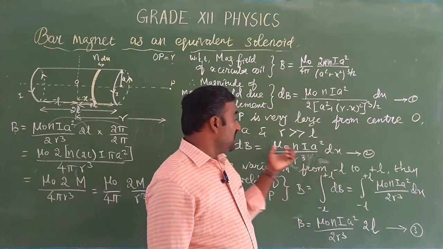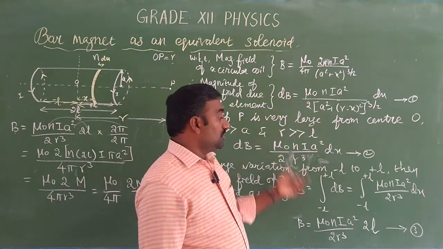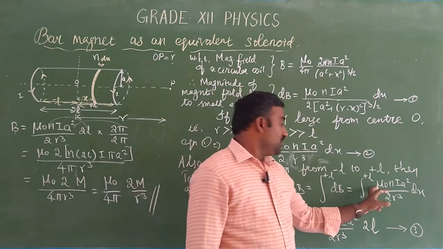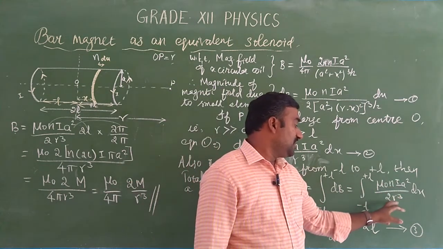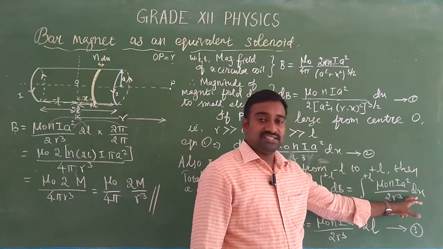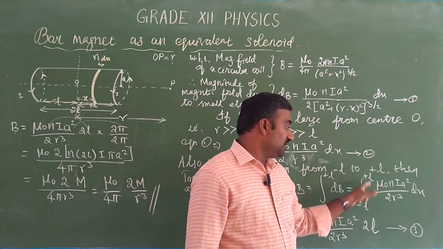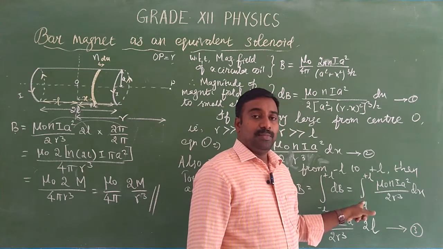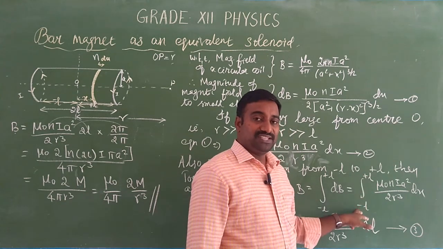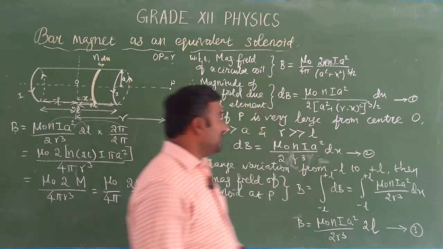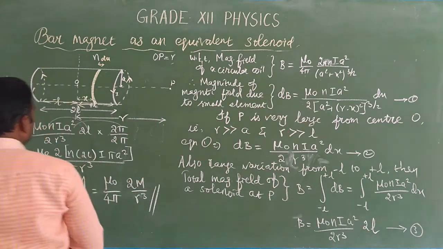Okay, so integrating this equation 2, you will get this answer. Here what are the constant values? Mu naught NIA square by 2 r cube is constant, and integrating the remaining dx gives x, and then x upper limit minus lower limit. So plus L minus of minus L, so plus L plus L becomes 2L. So 2L.